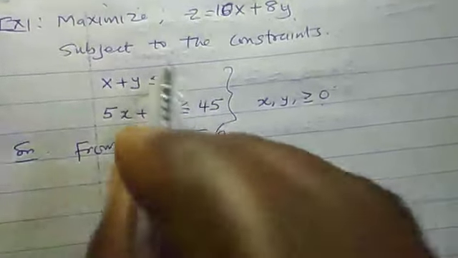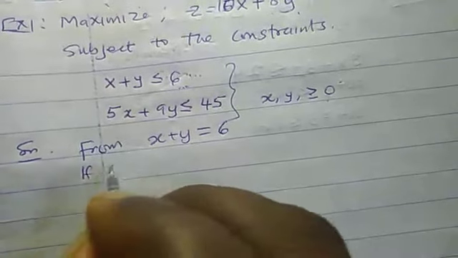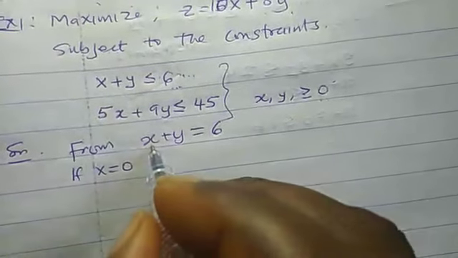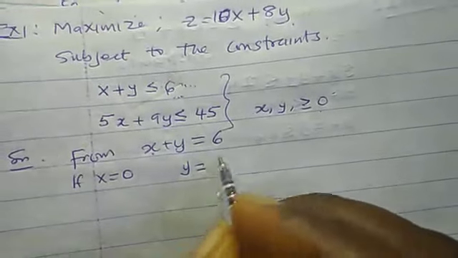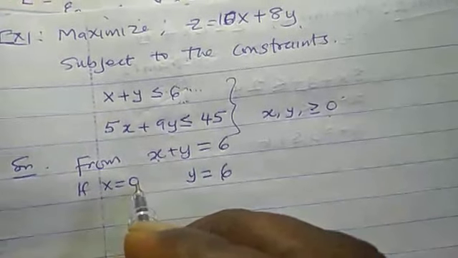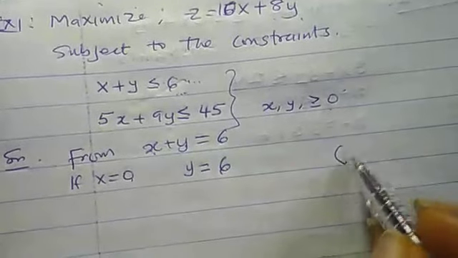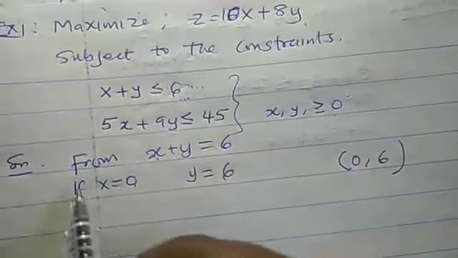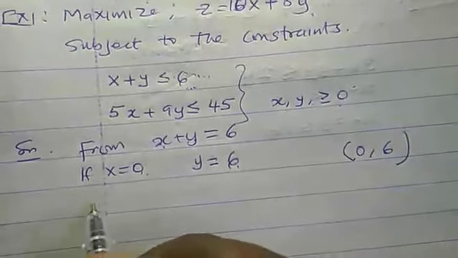The first thing, starting from the first one here, you say that if x is equal to 0, that is, you put x to be 0, what you are going to have left is y equal to 6, because this one is 0. So I have found the value of x and the value of y to be 6. You write it like this: (0, 6). (0, 6) means x is 0, y is 6.